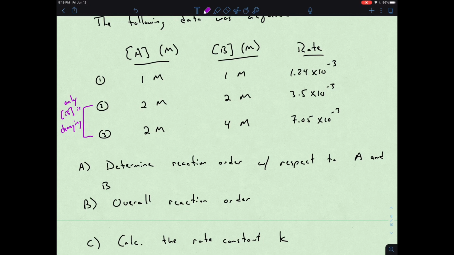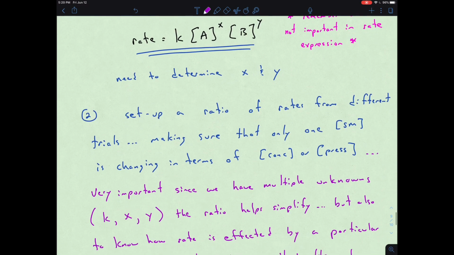A is staying constant, but B is changing. And so I can ascribe the rate increase, which I see in going from 3.5 times 10 to the negative third to 7.05 times 10 to the negative third, solely to B, because that's the only thing I'm changing. I'm keeping the concentration of A constant.